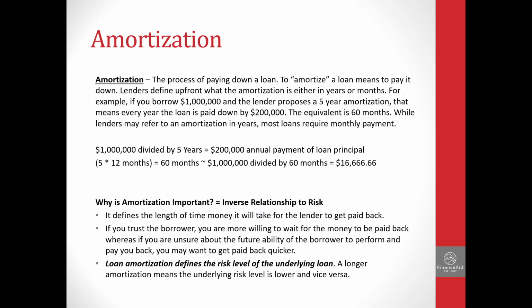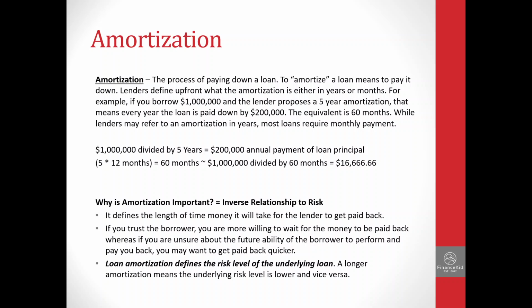So just think about it this way. If I'm really comfortable in lending to you, I know that you're a very stable borrower, not a lot is going to change, naturally I'm okay in leaving my money outstanding for a longer period of time. So therefore, my amortization may be longer. I don't need to get paid back as fast because I'm comfortable in dealing with you as a borrower, or maybe I have some security which protects me, and therefore I can leave my money outstanding over a longer period of time.